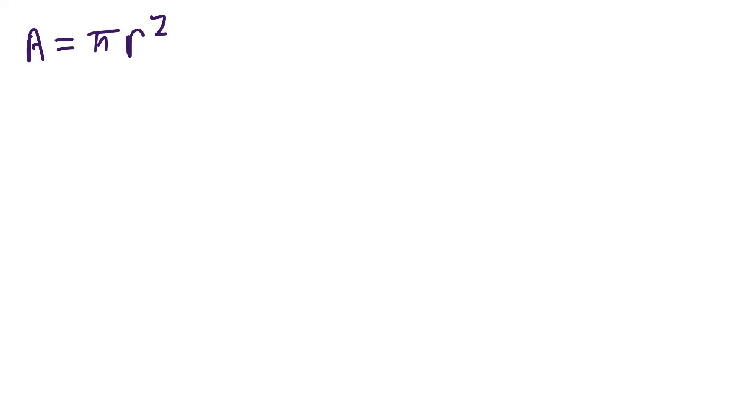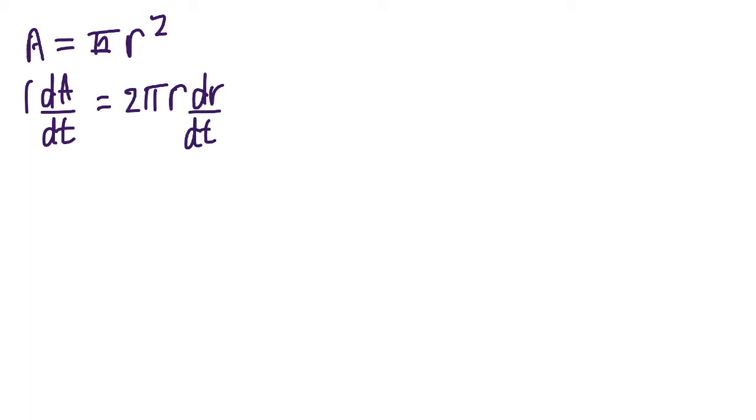So we would say the derivative of A is 1, and then we would say dA over dt. Or you can write just dA over dt equals, and remember pi is just a number, so it's going to be 2 pi r to the first dr over dt.